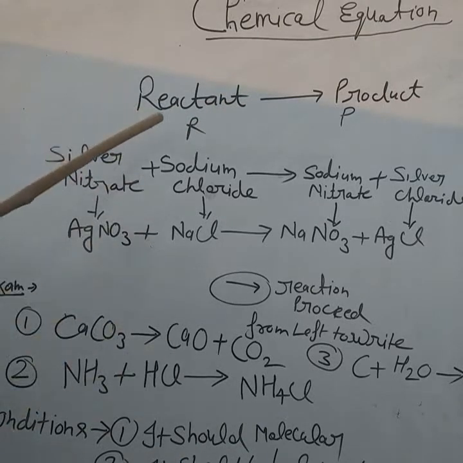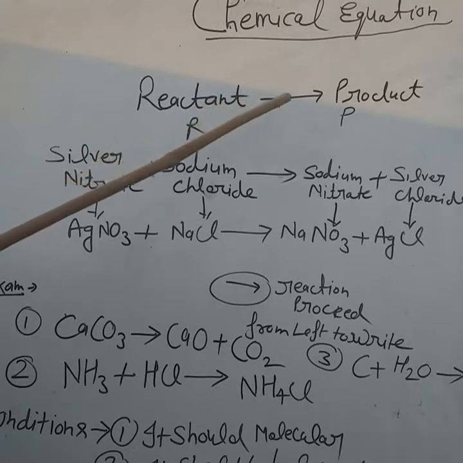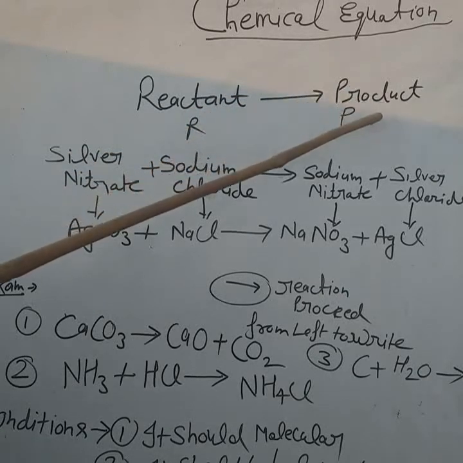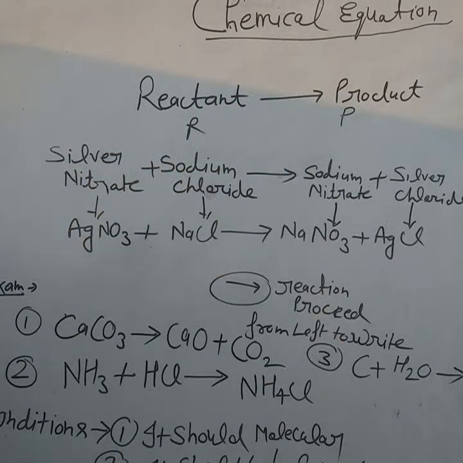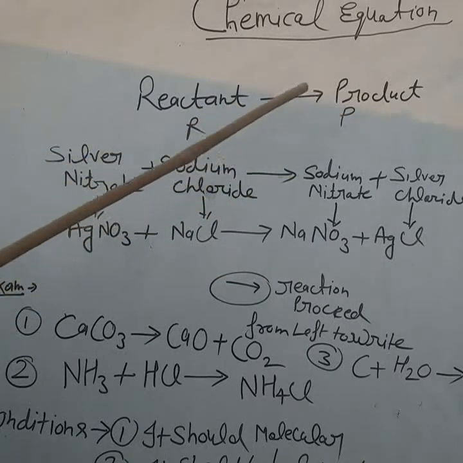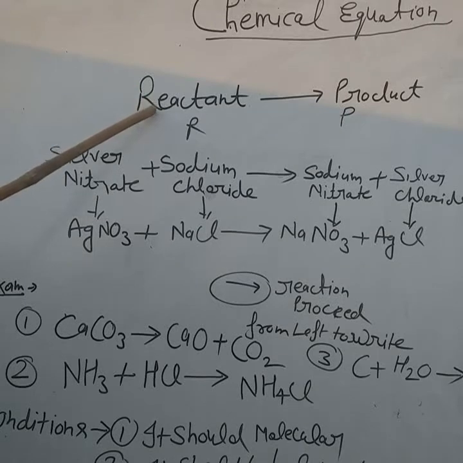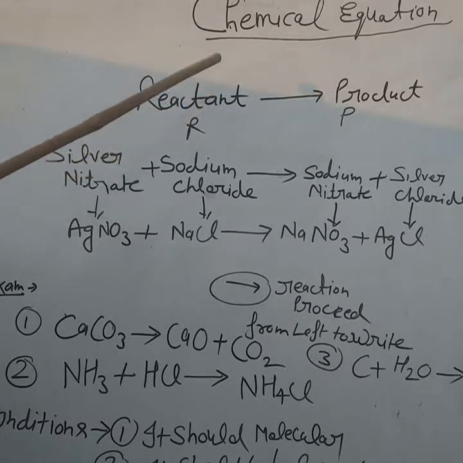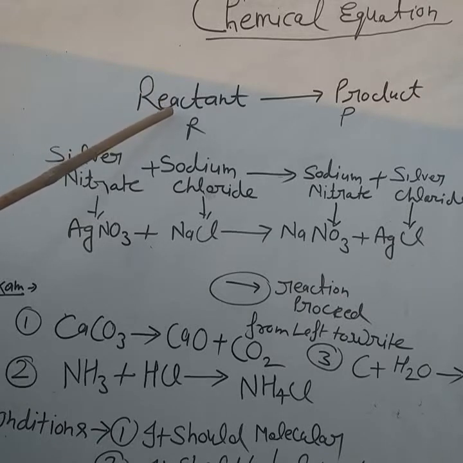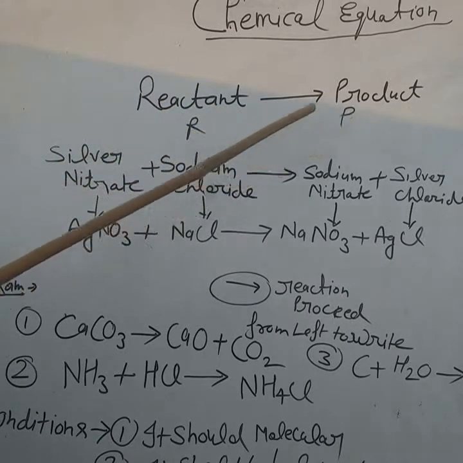So in this example, reactants give products with the chemical reaction. This is called only a chemical reaction because it does not represent their formulas. It is written in a simple way.